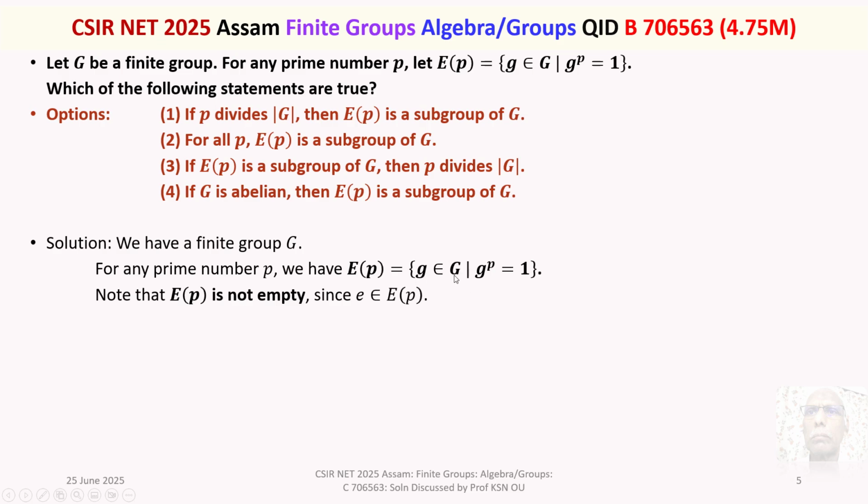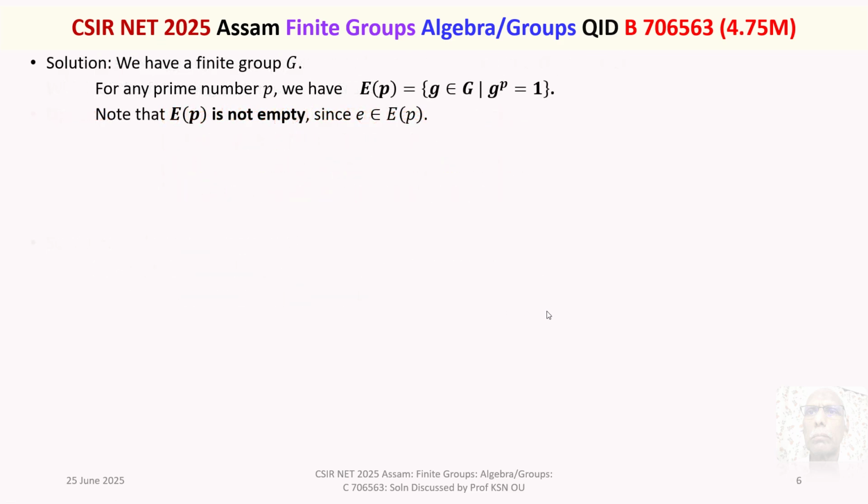The identity e belongs to G and satisfies this: e power P, e multiplied P times, is equal to 1, the identity. So note that E of P is not empty because the identity element belongs to E of P. We continue in the next slide.